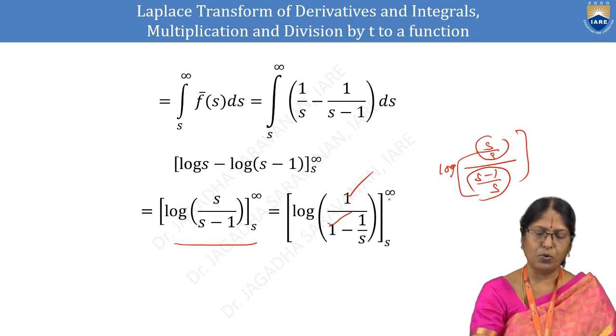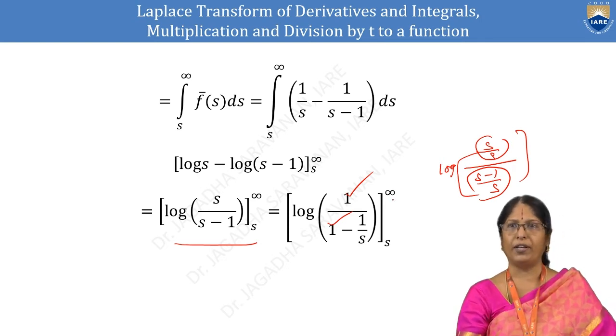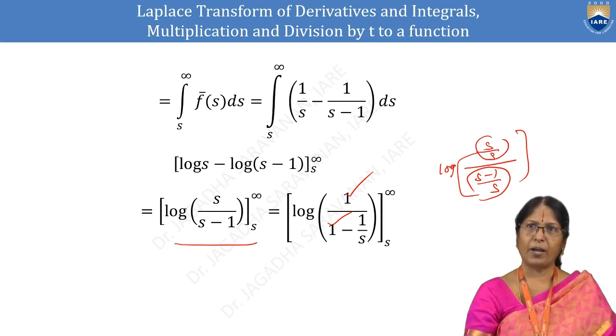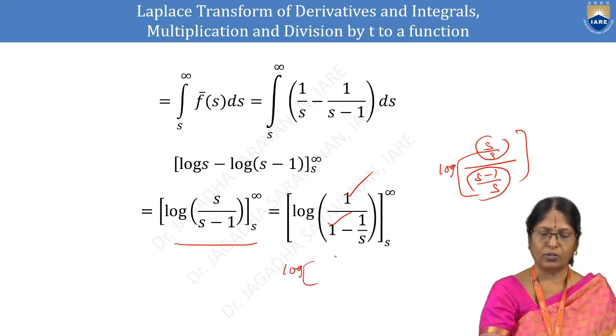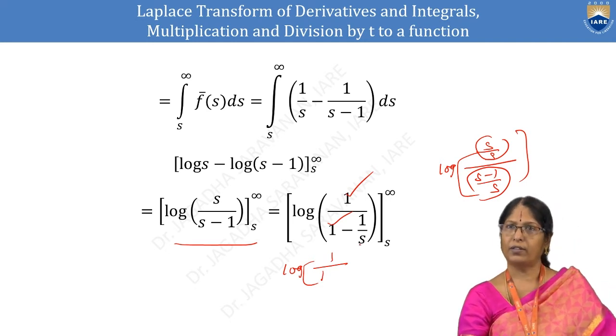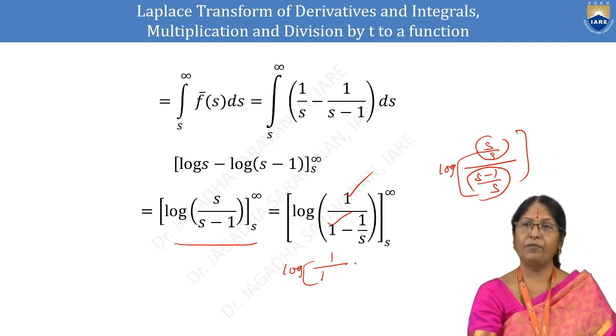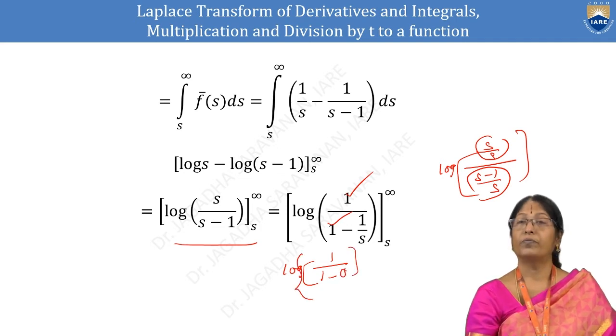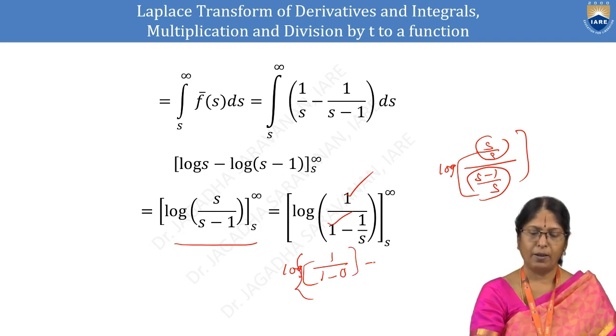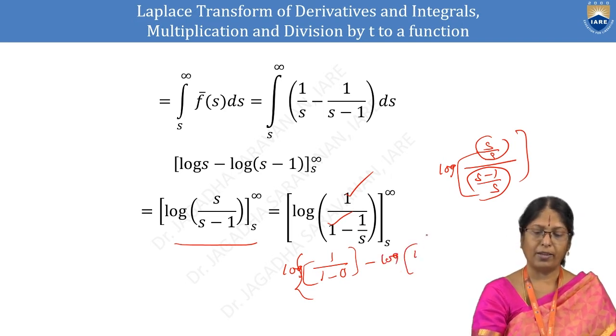We will substitute in place of s the upper limit infinity. So the log of this is 1 by 1, since 1 by infinity is nothing but 0. So the upper one we applied, minus log of 1 minus 1 by s.